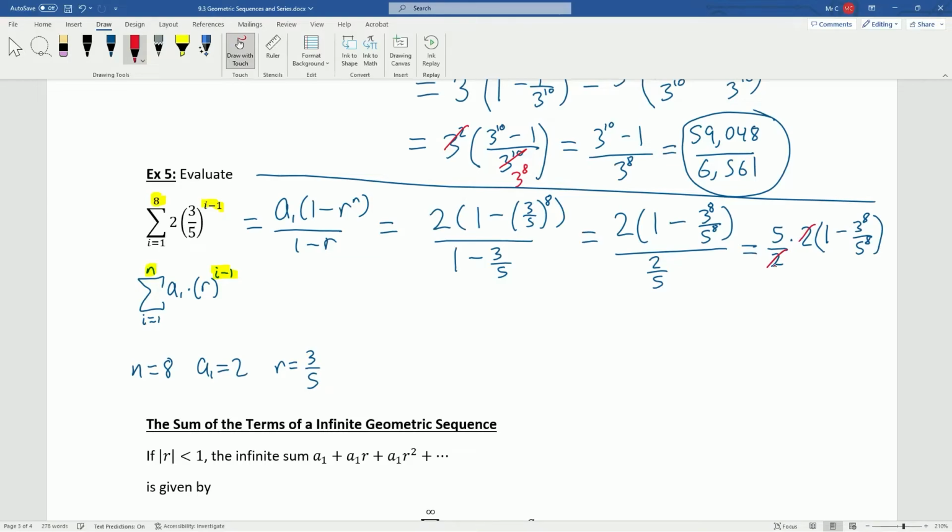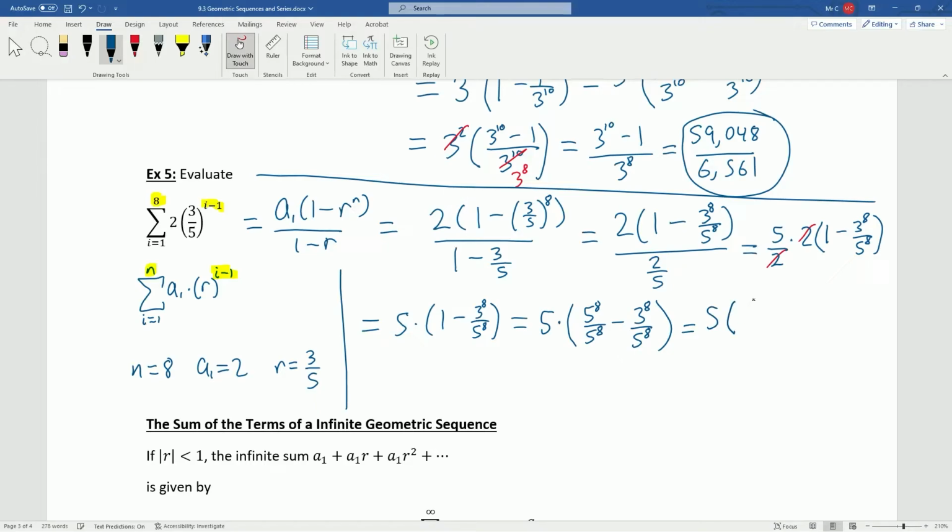The 2 over 2 cancels, that's kind of nice. And this becomes 5 times 1 minus 3 to the 8th power over 5 to the 8th power. Now I'm going to find a common denominator here. So this becomes 5 times 5 to the 8th over 5 to the 8th minus 3 to the 8th over 5 to the 8th. Now I can combine that fraction.